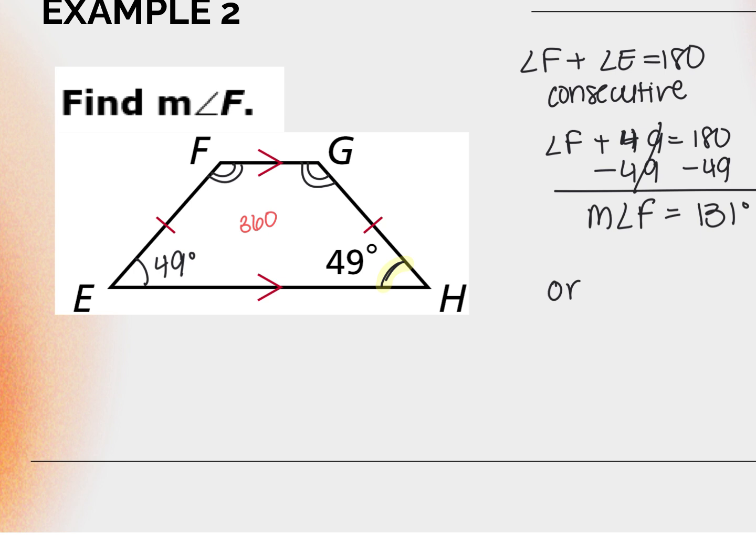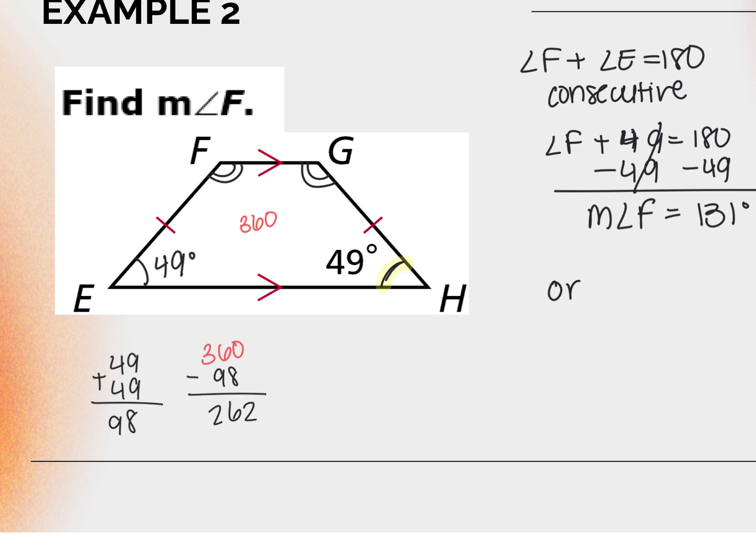So I'm going to add 49 plus 49, that's going to give me 98. Then I'm going to subtract it, 360 minus 98. I'm going to get 262.